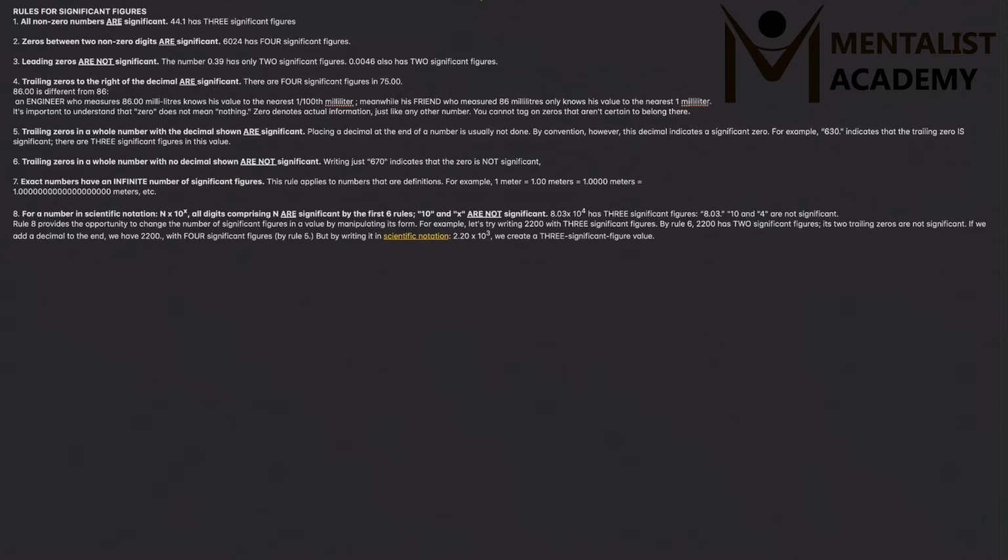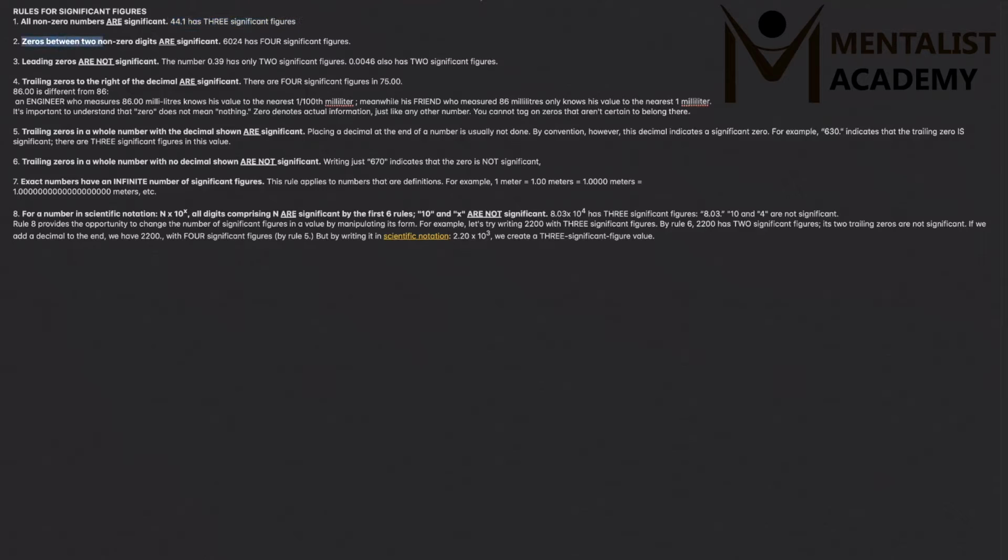According to the first rule, all the known non-zero numbers are significant. For example, 44.1 has 3 significant figures, because 4, 4 and 1, there are 3 known non-zero numbers, so therefore it will have 3 significant figures.